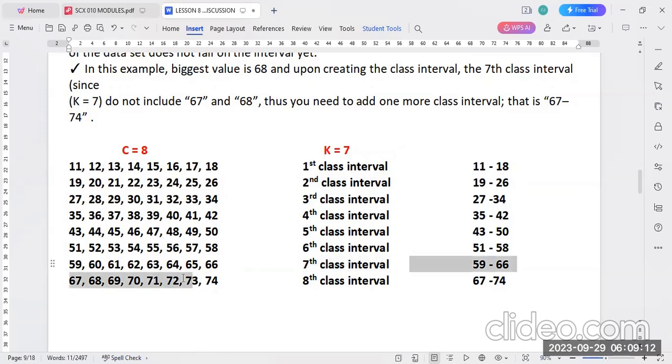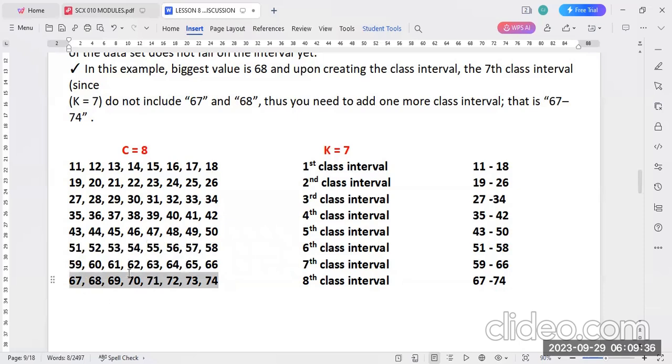But when we reach the 7th class interval, as you can see, the last number from the interval is 66. And kung babalikan natin yung given set of data, the highest number is 68. Therefore, we need to add another class interval. And we will still follow the class size, which is 8.